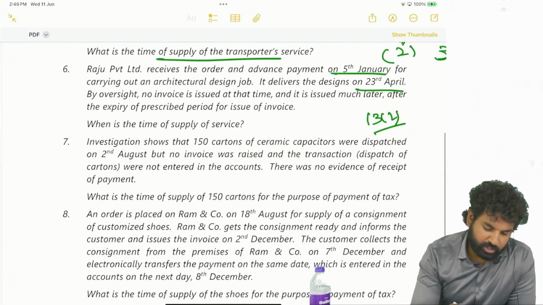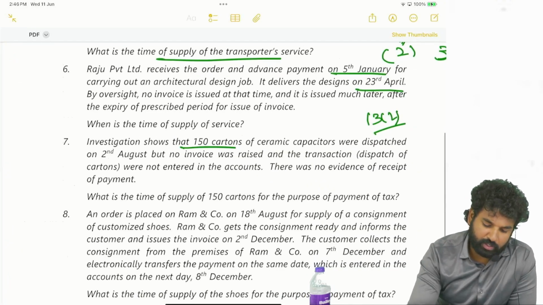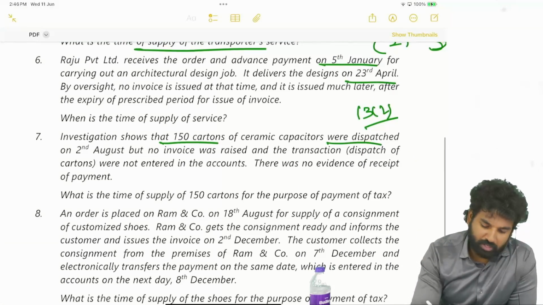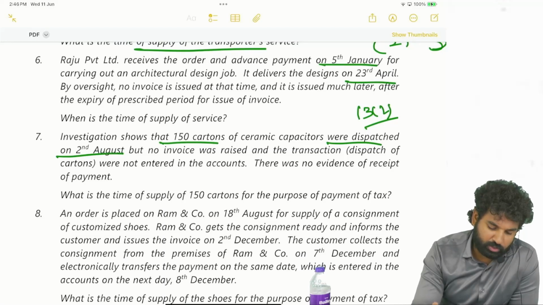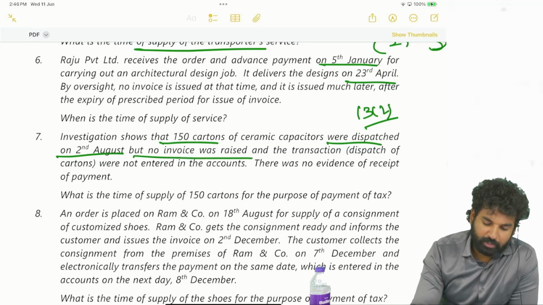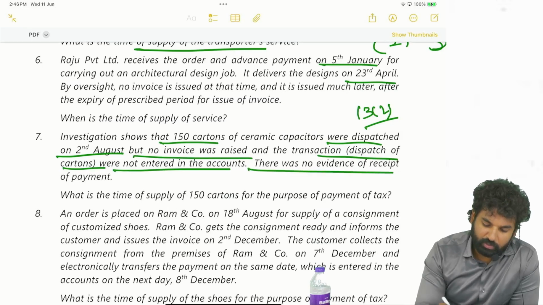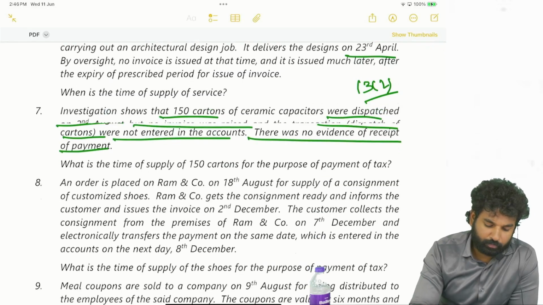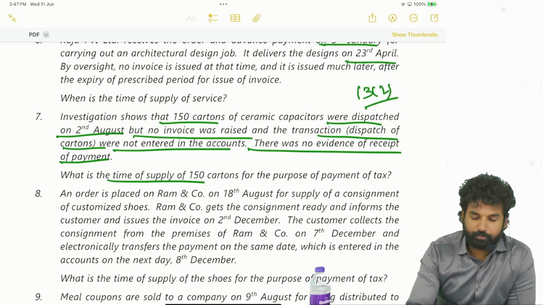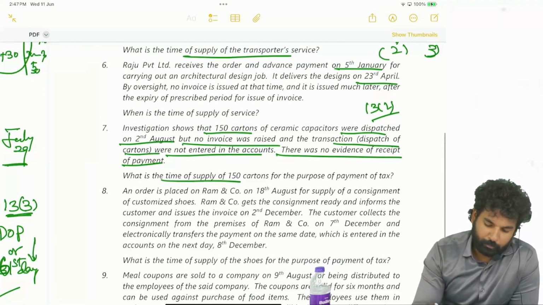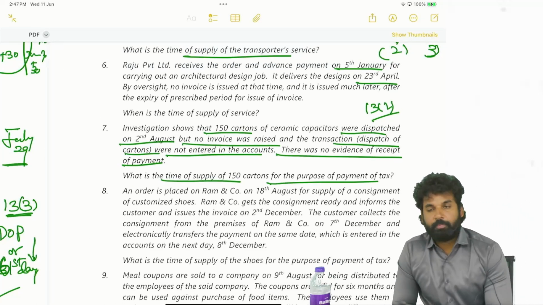Next, investigation shows that 150 cartons of ceramic capacitors were dispatched on 2nd August, but no invoice was raised. Transaction dispatch of the cartons was not entered in the accounts. There was no evidence of receipt of payment. Okay, what is the time of supply for the purpose of payment of tax?